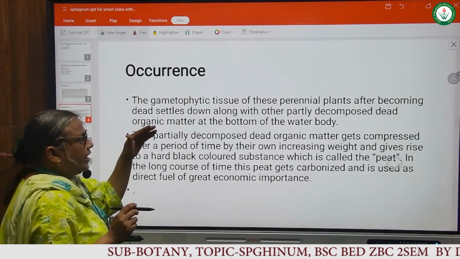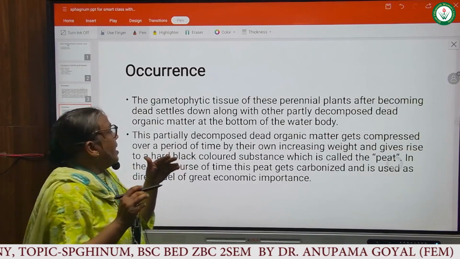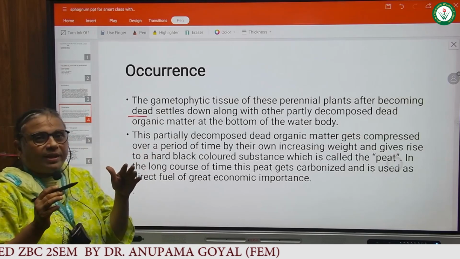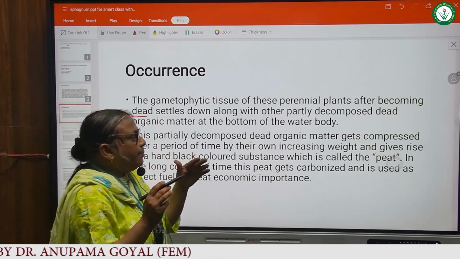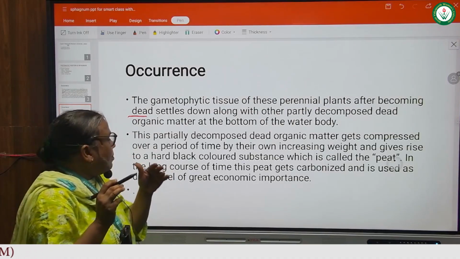The gametophytic tissue of these perennial plants of sphagnum, after becoming dead, settles down along with other partly decomposed dead organic matter at the bottom of the water body.